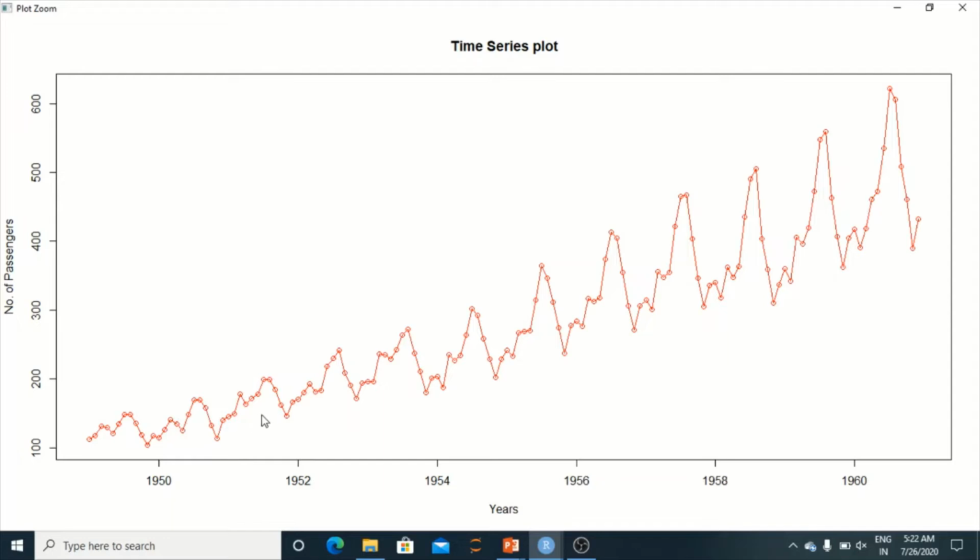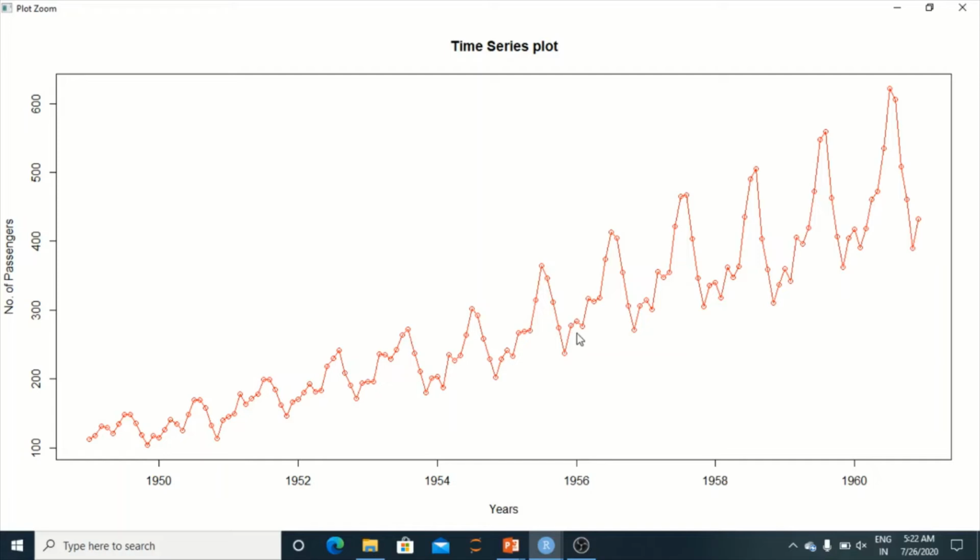So basically what we can observe, let's again see here, 1949, January, February, March, April, May, June, July, and August. Again July and August. Similarly you can observe here July, August.